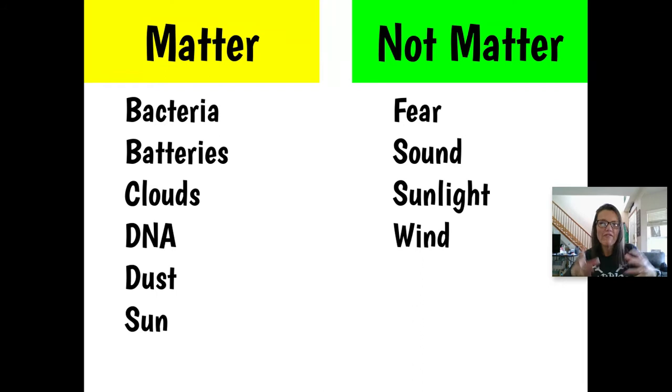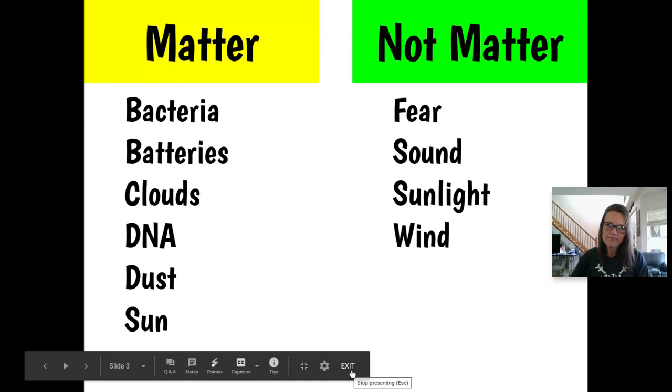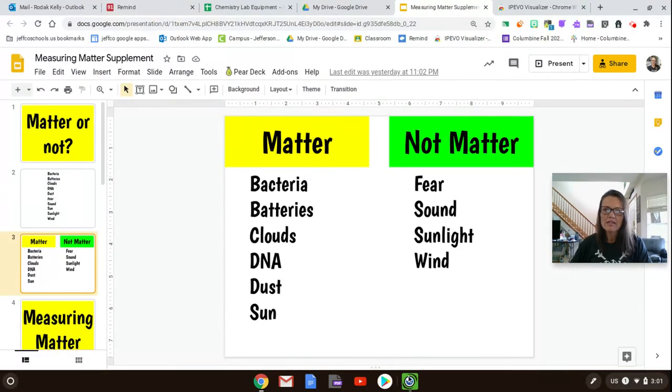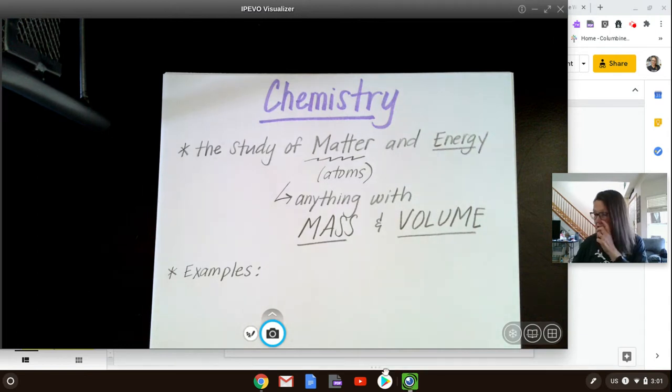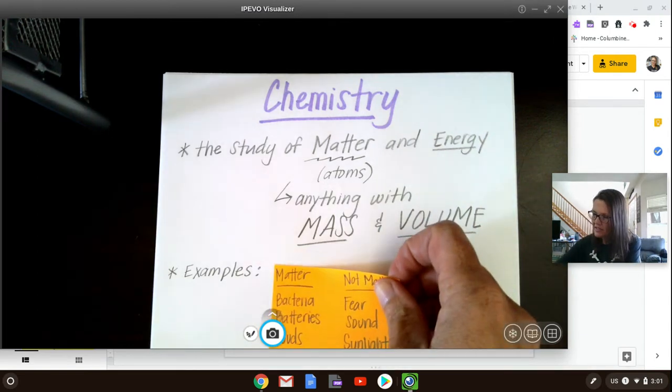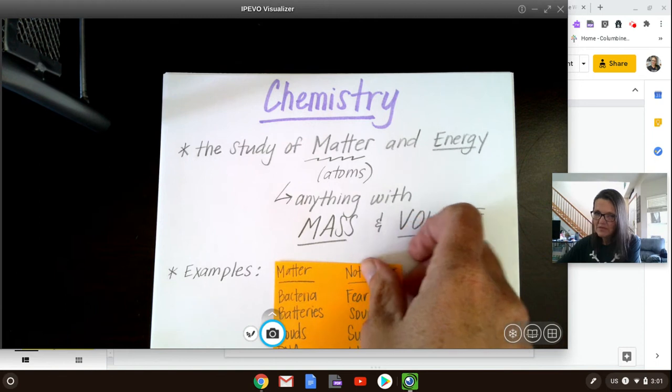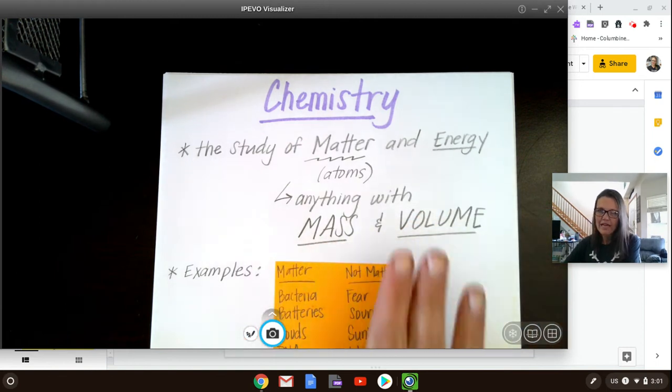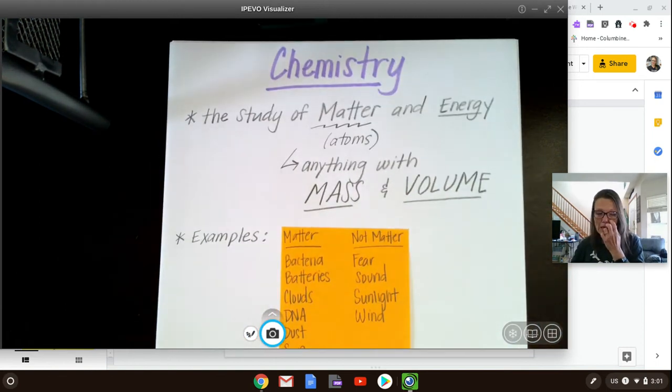I can't take my fear and set it onto a balance to see how much mass it has. Okay? So go ahead and jot that down in your notes for me real quick. That T table. And again, you can pause here if you need to get caught up so that you have enough examples of each. And I'm going to cheat. I have a little list here. I'm just going to add. These are my examples of matter and not matter.